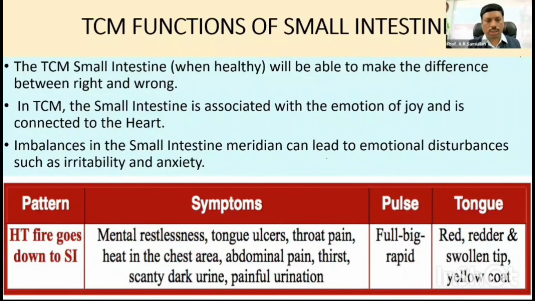So accordingly, we need to understand the TCM functions of the small intestine. Hopefully you understand the concept of the small intestine, isn't it? Now we will proceed to the TCM functions of the small intestine.